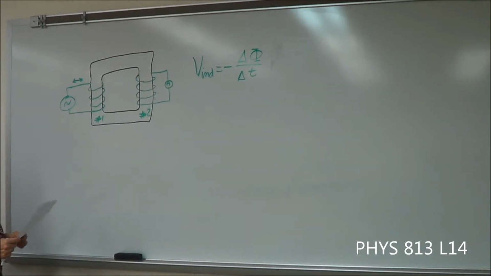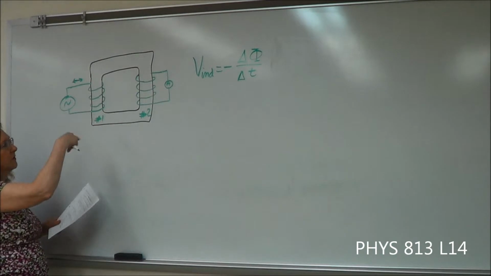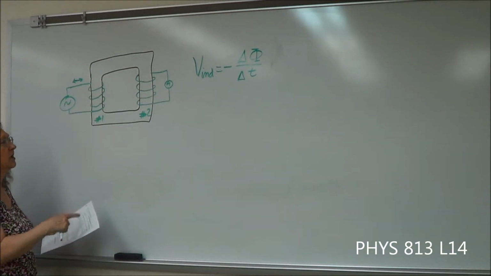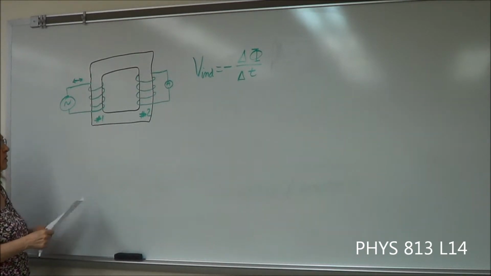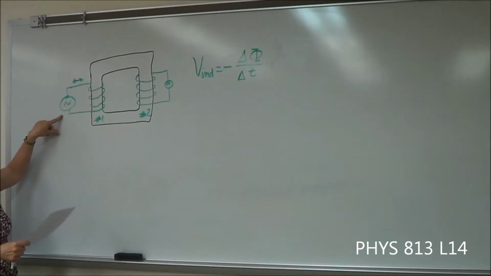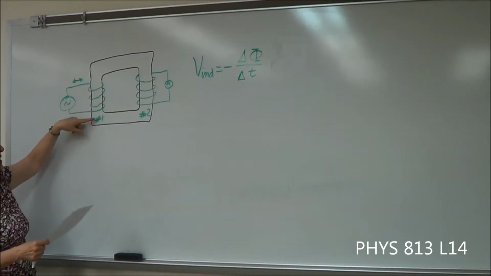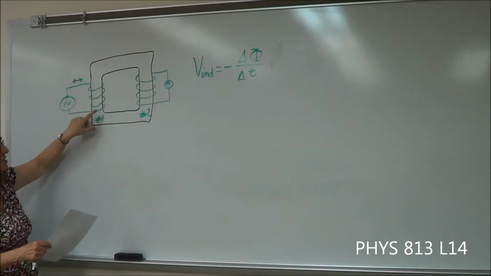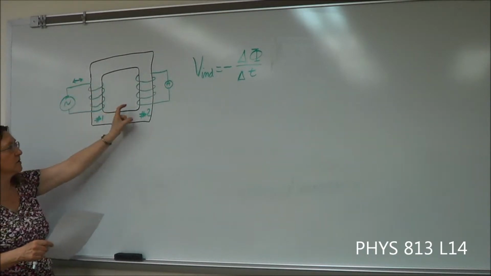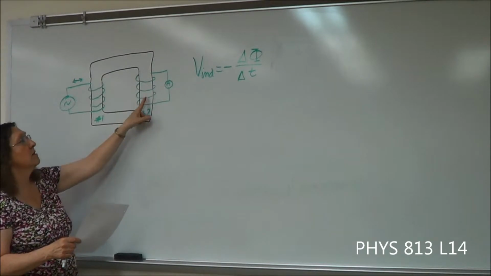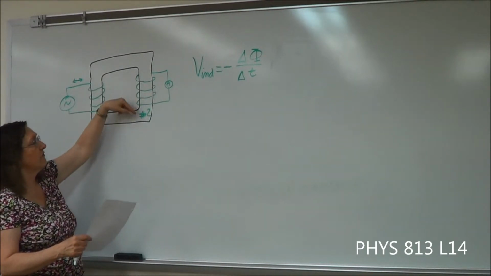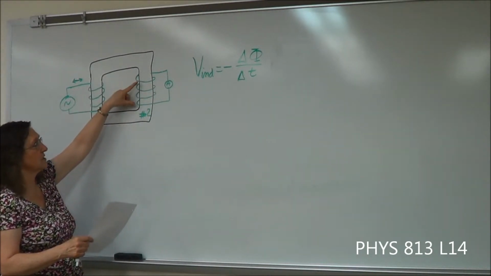So that explains the basis of operation for a transformer. You have an alternating voltage source over here. There's a magnetic field. The magnetic field is changing, so the flux is changing. That field goes around through, stays in the core. The field is changing here, so the flux is changing.